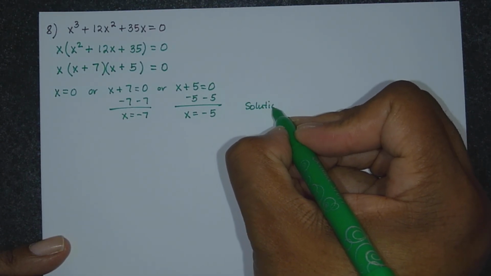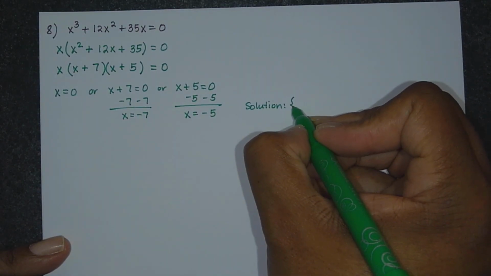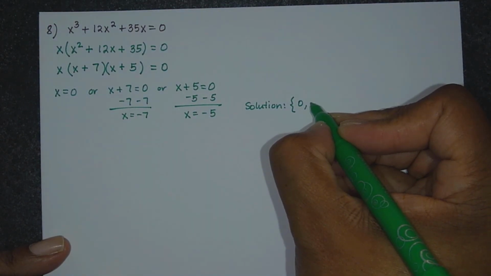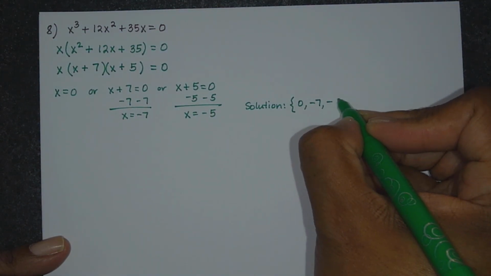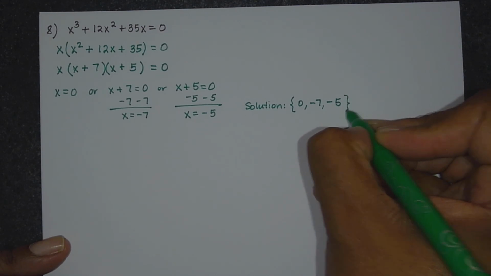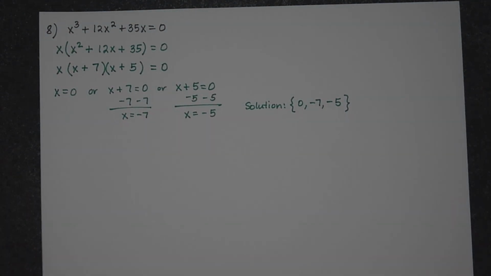So for this polynomial equation, the solutions would be x equals 0, x equals -7, and x equals -5. And the highest exponent is a 3, so I would expect to have 3 solutions for this polynomial equation. Okay. Are there any questions about problem number 8?